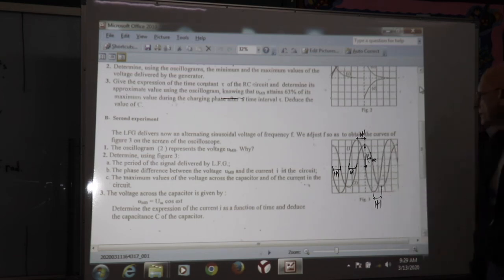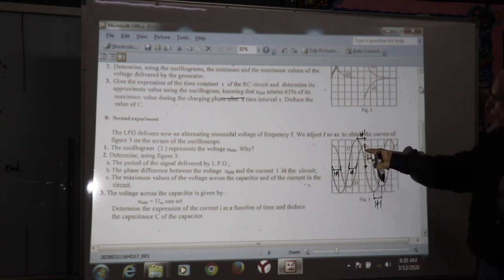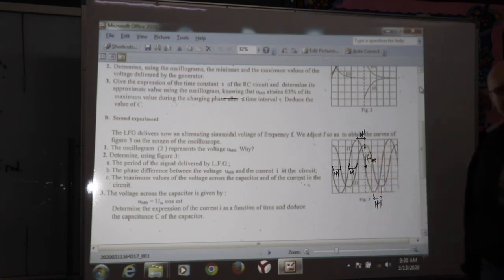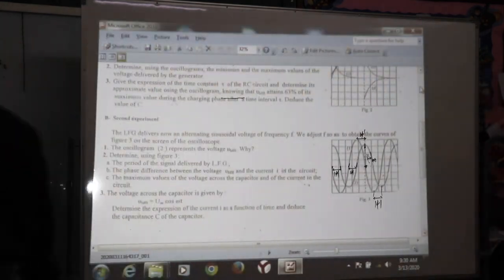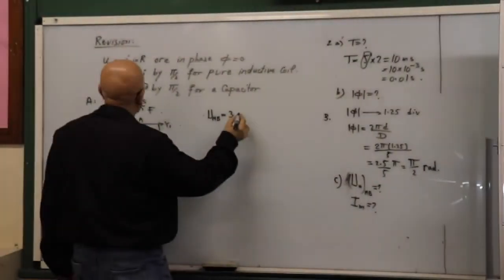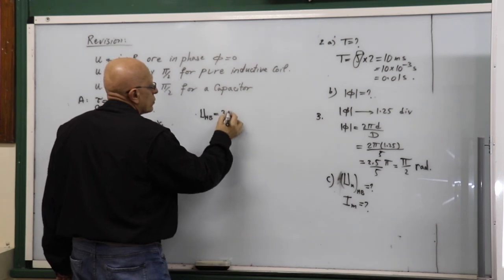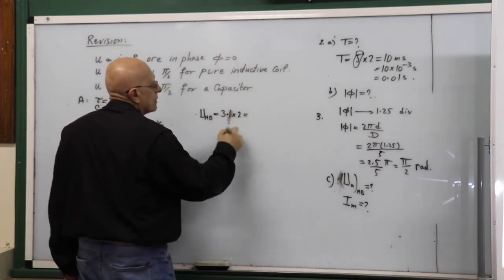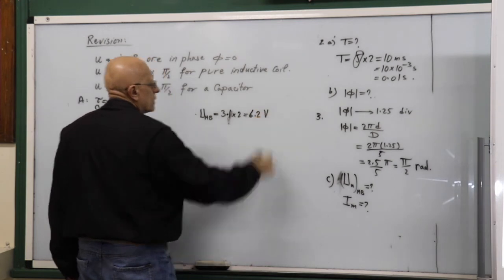As you see here, it consists of 3.1 divisions. So I write UMB maximum is equal to 3.1 times 2, which is the sensitivity, so you get 6.2 volt.